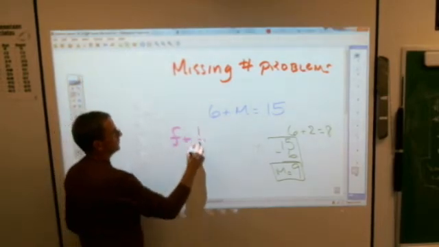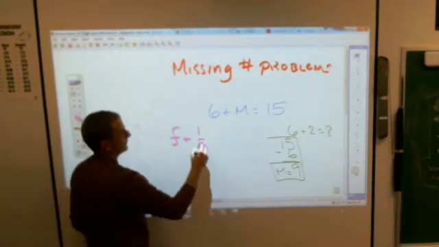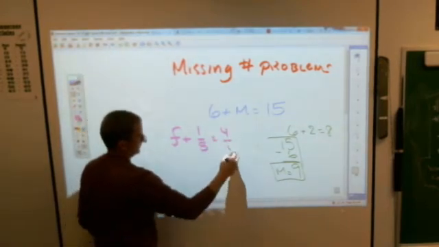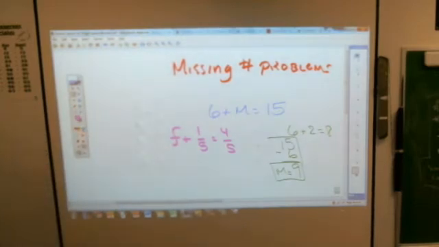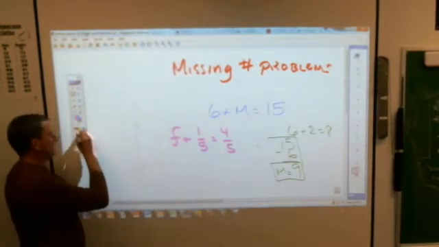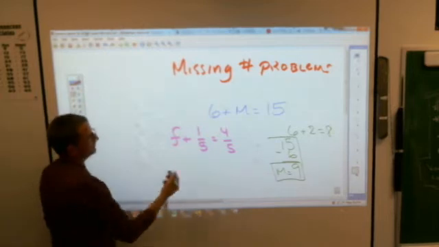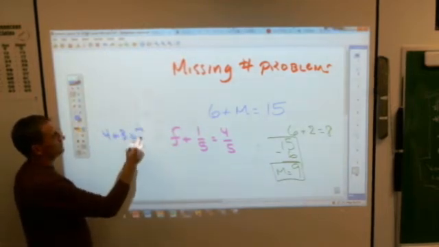F plus 1/5 equals 4/5, to which again, I'm going to tell you the same rules. To figure out whether you add or subtract these fractions, think of an easier problem. That's an addition problem. Maybe it is 4 plus 3 equals 7.